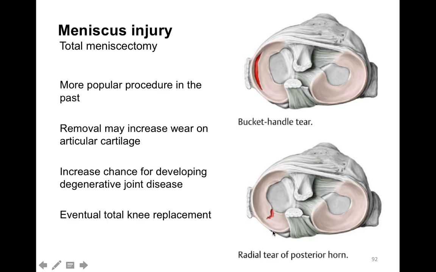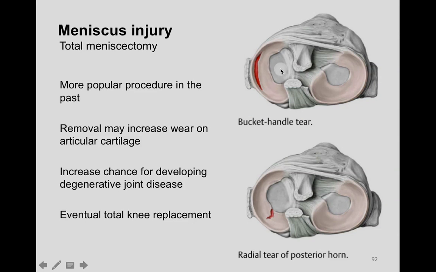And it used to be, back in the 50s and 60s, that a tear of the meniscus was fixed by a total meniscectomy. And the total meniscectomy involved, as the name implies, the complete removal of the meniscus. Now, this is a bad idea with what we know now, because removal of the meniscus may lead to increased wear on the articular cartilage.